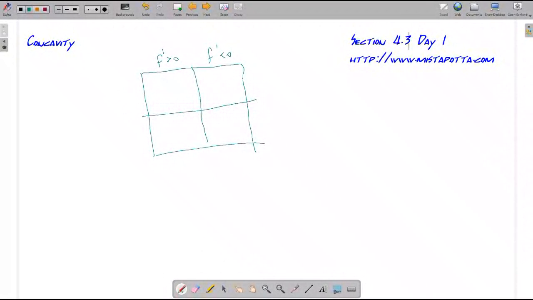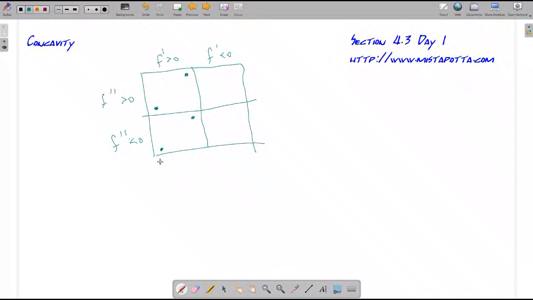And I know that my second derivative could be either positive or negative. Now, if my first derivative is positive, that means my function has to be increasing. No matter what, my function has to increase. The question is, how am I increasing?